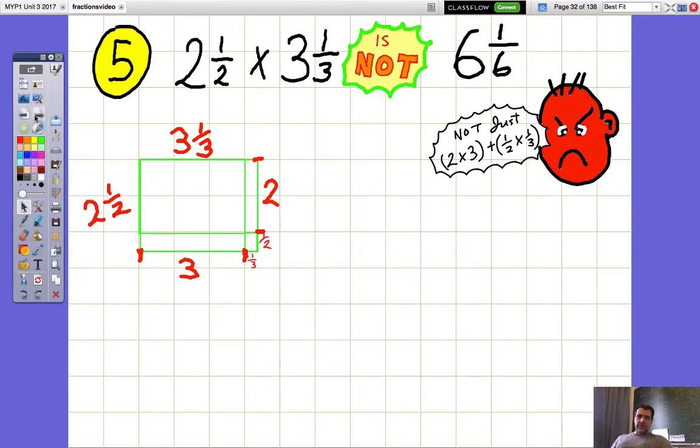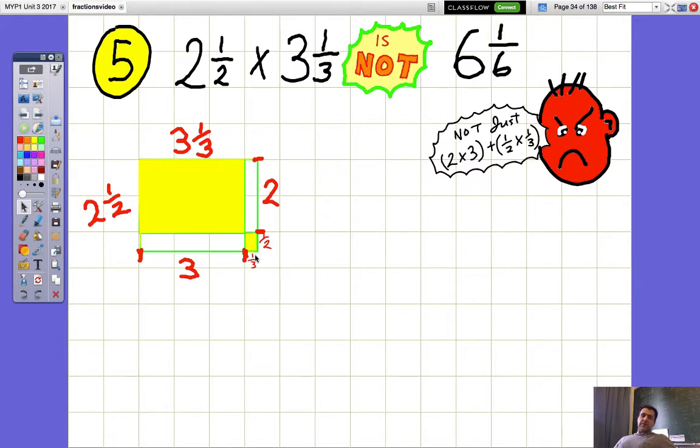Now, if you just do 2 times 3, you get that bit that I've shaded in yellow there. There's 2, there's 3, so 2 times 3 is just that yellow bit. If you do 1/2 times 1/3, you're just doing that bit times that bit, so you're getting that yellow bit.